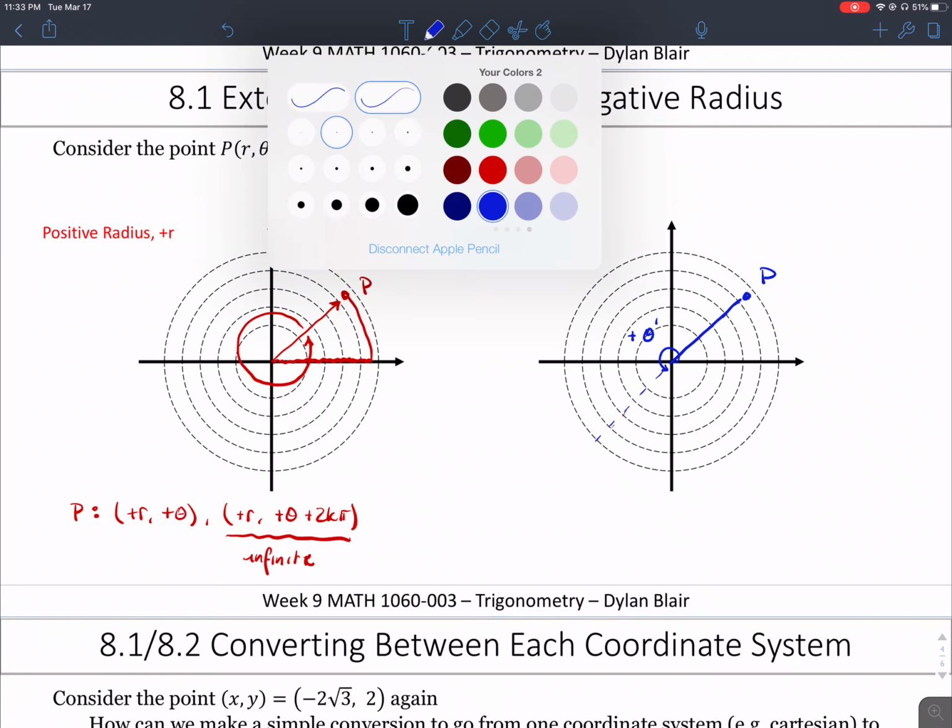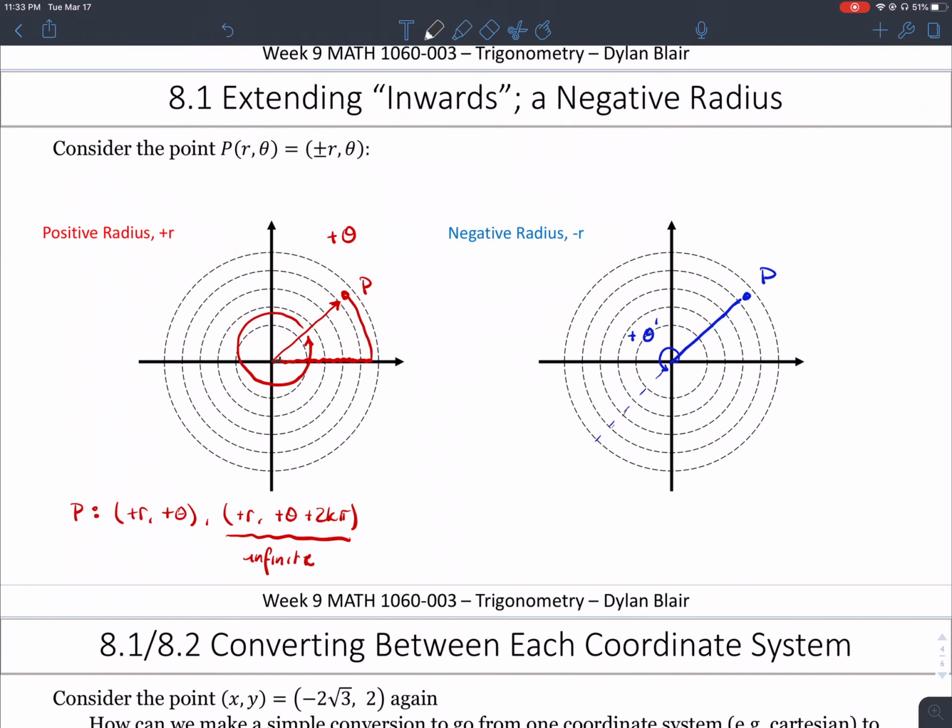So before, over here, we were rotating up by theta and then extending out in the same direction that we rotated. Now we're rotating inwards, in the opposite direction that we rotated. And then we end up getting to that exact same point P. So now we can say, we could extend out negatively and rotate some positive theta prime, which we don't know yet, but we'll talk about that in a second.